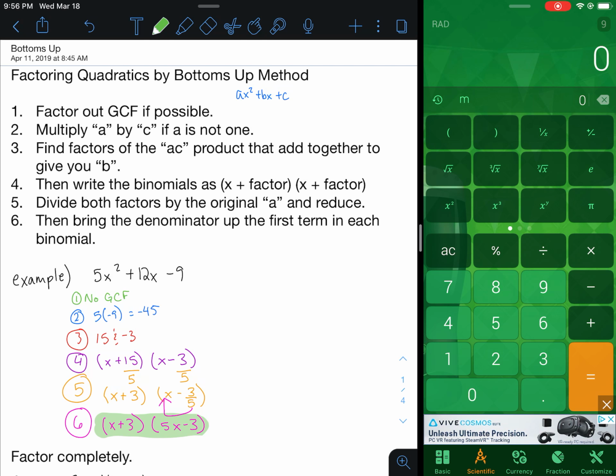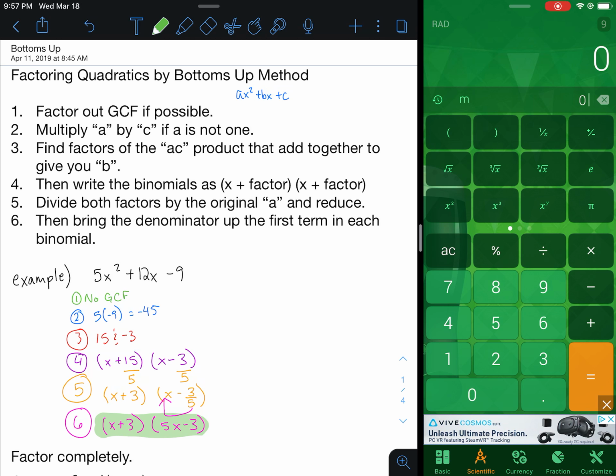If everything's divisible by 3, you have to divide by 3. Otherwise, when you end up getting your two factors at the very end as your two parenthesis factors, you won't have an actual value to FOIL back out to create the original value. So the ax squared plus bx plus c wouldn't actually FOIL out of your actual answer.